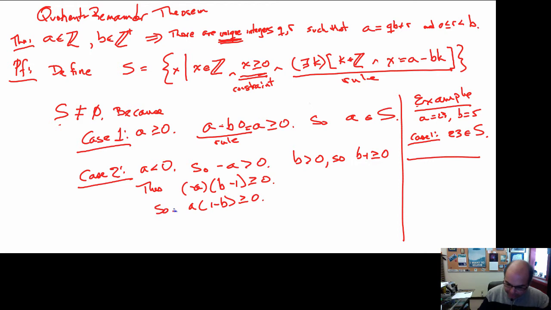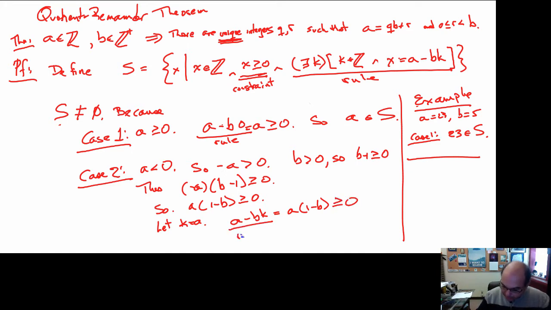That's clear because all I've done is multiply both of those factors by minus 1. Now let k equal a. Then a minus bk is the same as a times 1 minus b, just factoring in the a, and I already showed that's greater than or equal to 0.